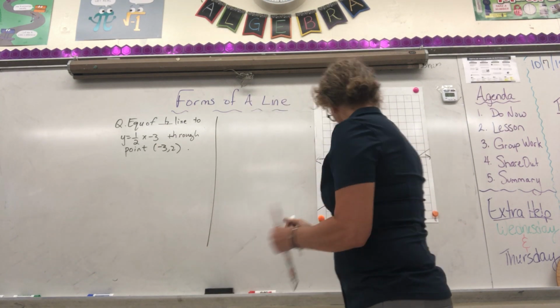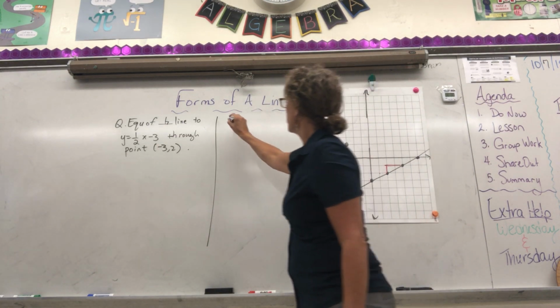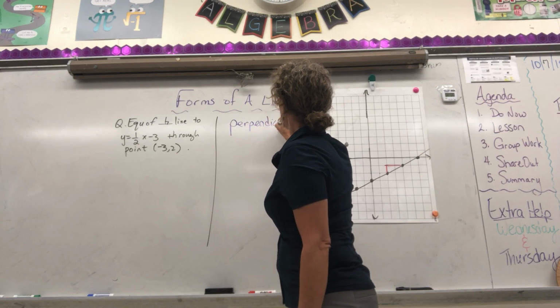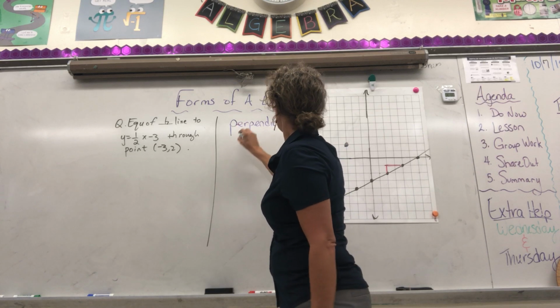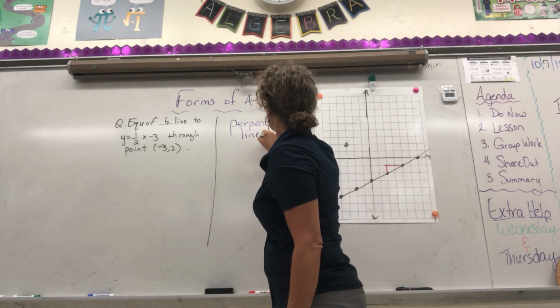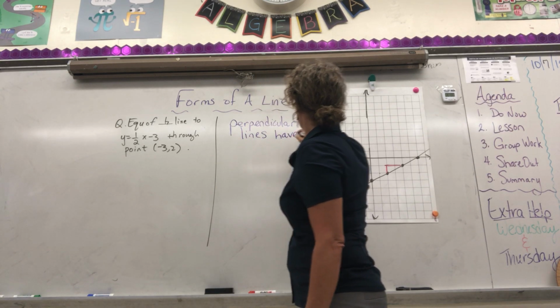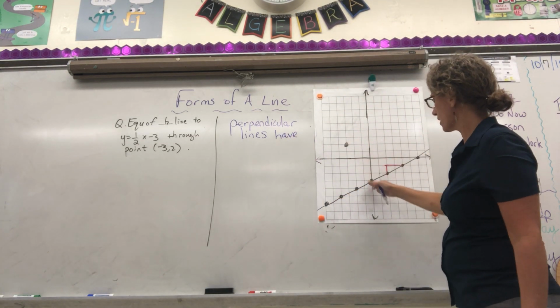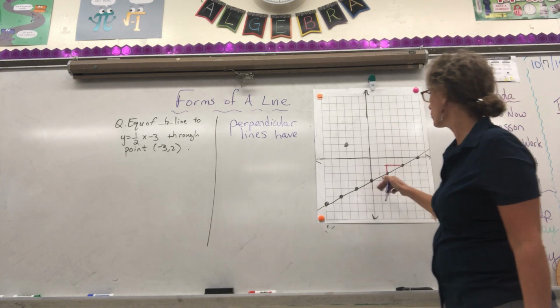Okay, so slopes. We need to talk about perpendicular lines and slopes. Perpendicular lines have, well, that's a positive slope, and I know in order to get perpendicular, I would need to come down at a negative.